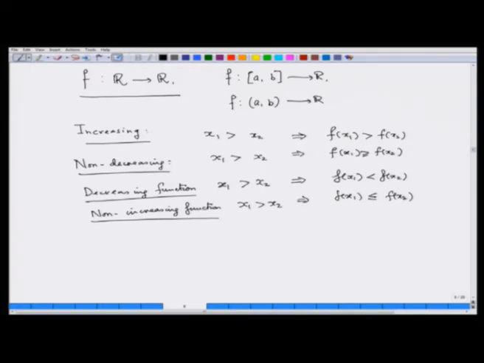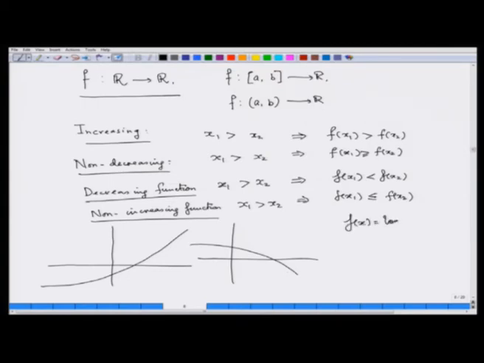So, you can immediately imagine and draw graphs like this, functions like this which are increasing, functions like this which are decreasing. If you take f of x equal to logarithm of x, then that function is obviously an increasing function.